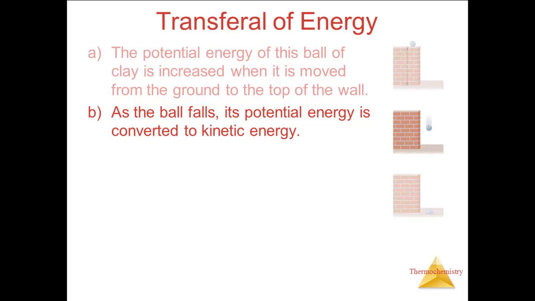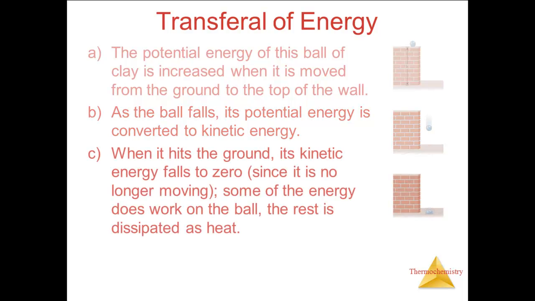The loss in potential energy is the same as the increase in kinetic energy. When the ball hits the ground, it loses its kinetic energy. Some of the energy goes into the ball to change its shape, and some may be lost as heat to the ball and the ground, or sound, or some other form of energy.